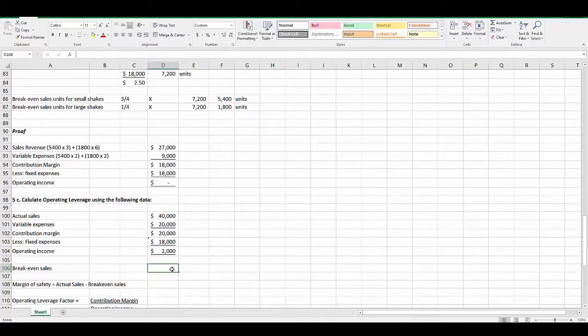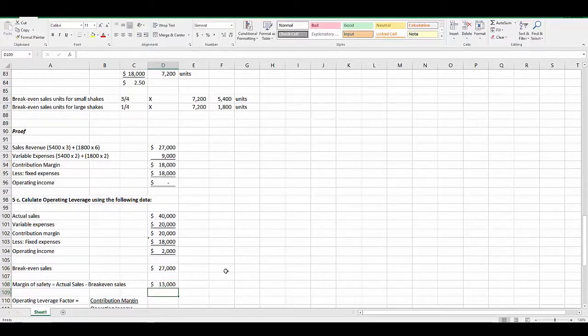So you look at your break even sales, which is 27,000. Margin of safety is your actual sales, which is 40,000, minus the 27,000, which will give you 13,000. So that's your margin of safety.